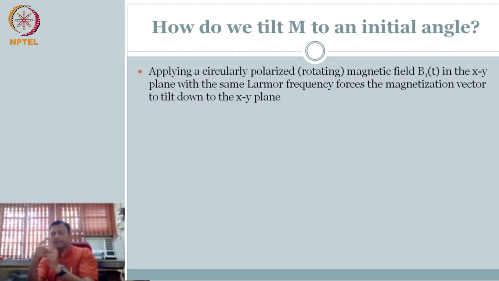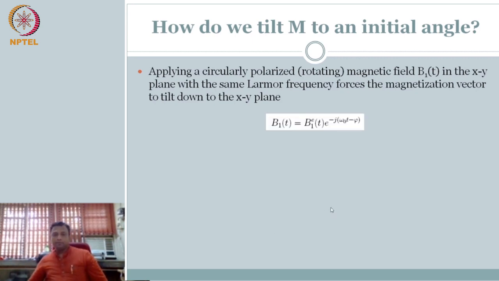So I am doing this because in the XYZ coordinates, this is what is happening. But if you want to visualize this easily in the rotating frame of reference, essentially what happens is this magnetization vector is going to the floor. Okay. So you apply B1, right? B1 of t is nothing but it has an envelope, and then it has a frequency here.